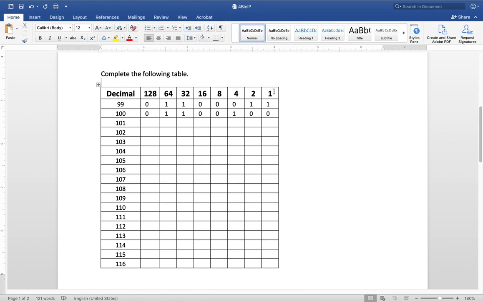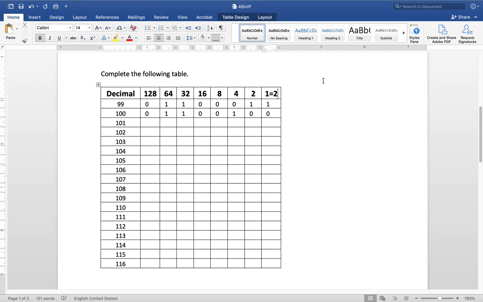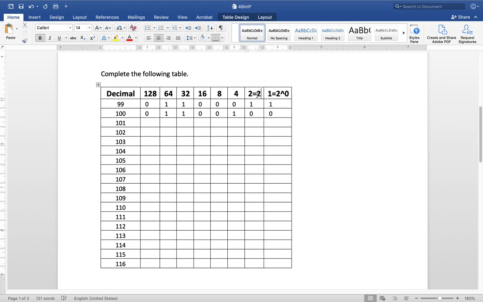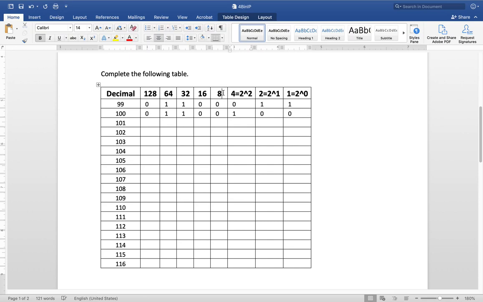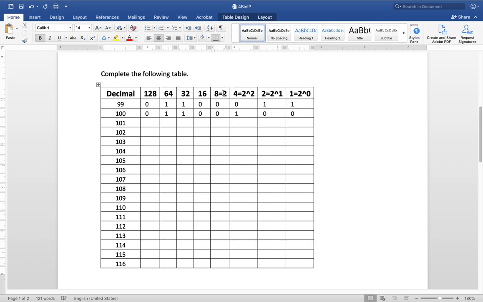So these are powers of 2. 1 is 2 to the power 0, 2 is 2 to the power 1, 4 is 2 to the power 2, and 8 is 2 to the power 3.